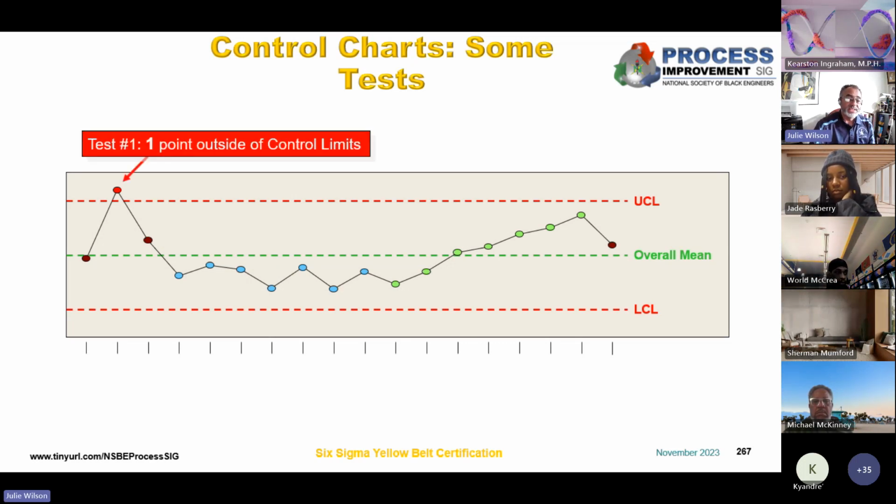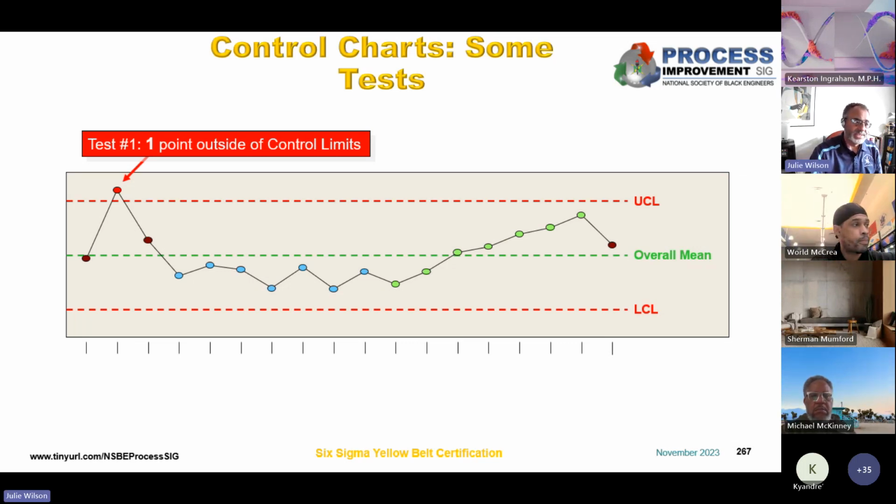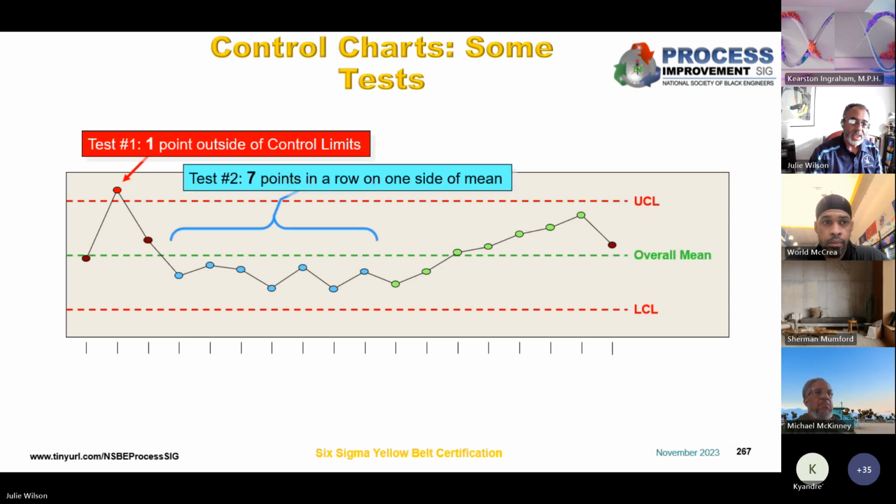The first test is if you have a point outside of your control limits, which means you have a value that's 2 or 3 standard deviations away from your mean. It says that something special has happened to cause your process to behave abnormally, and you need to do something to fix it, because something has happened to cause your process to go out of control.